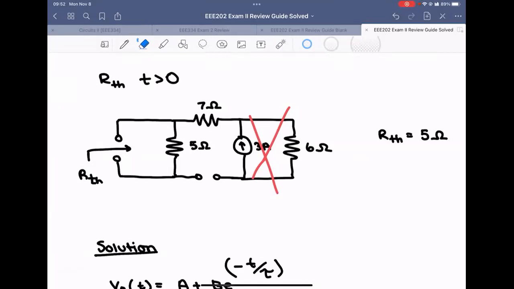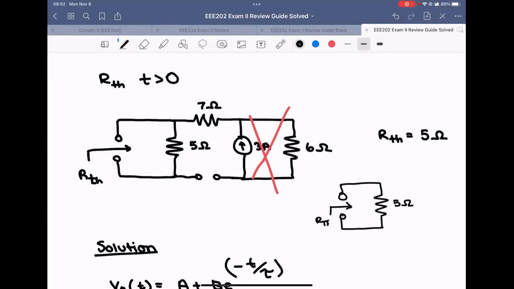A 0 amp current source is an open circuit. So here, back at greater than 0, we just get back to that hinge circuit. So really this whole 2/3 of the circuit goes away, and we're left with something that looks like this. I could have simplified it one more time.